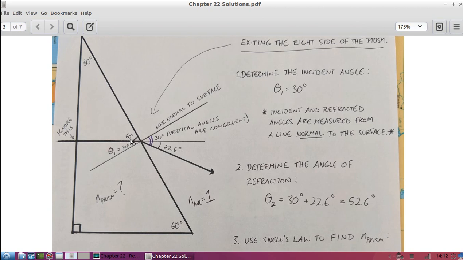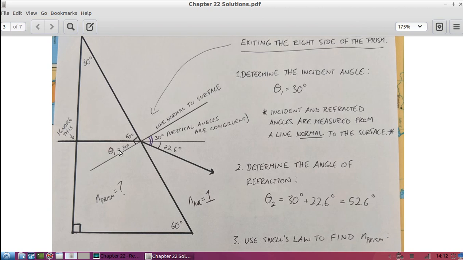My incident angle is always measured from the normal line. Drew that normal line. It's normal, perpendicular, so it makes a 90-degree angle with the surface. I know this angle is 60. This has to be 60's complement. So my incident angle here is 30 degrees. So that's what I'm going to use in Snell's law. Alright, that's my incident angle, 30 degrees.